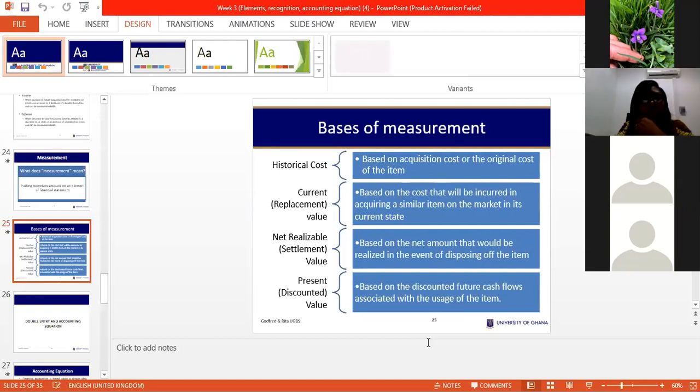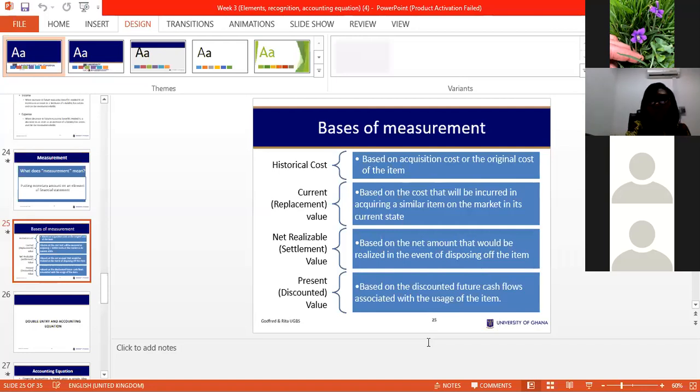Yes. Yeah. Then we have the net realizable value, okay? And this is mostly used to value stock, your inventory. Why? Because there are times when some of your inventories are becoming obsolete and you have to quickly dispose of them.